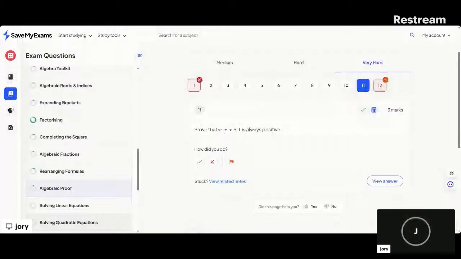Yes, I have a problem sheet. Here's my problem sheet. I lost my problem sheet. Put it here yesterday. Where's my problem sheet?